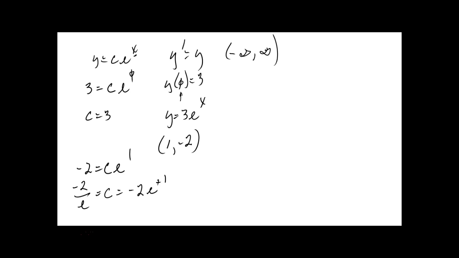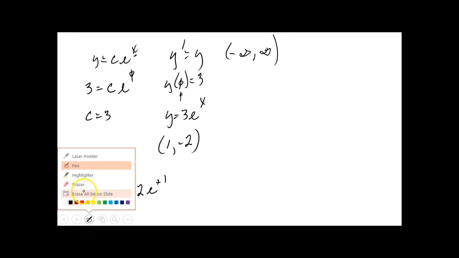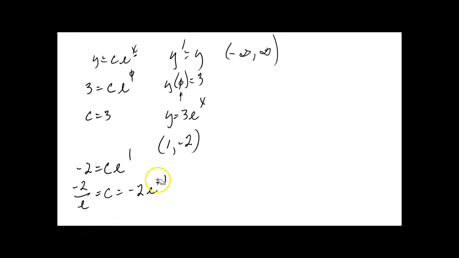C is equal to e to the minus 1. Yeah, that was right, because you divided both sides by e. Thought I was right there. It wasn't working, but then it did. Okay, so that would be it.